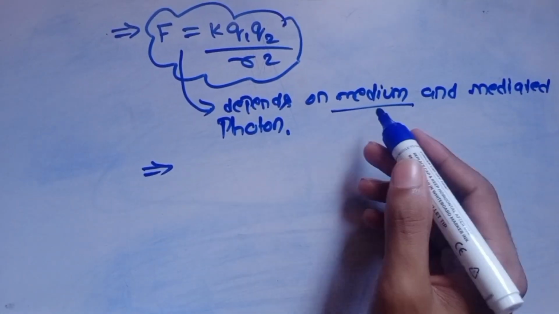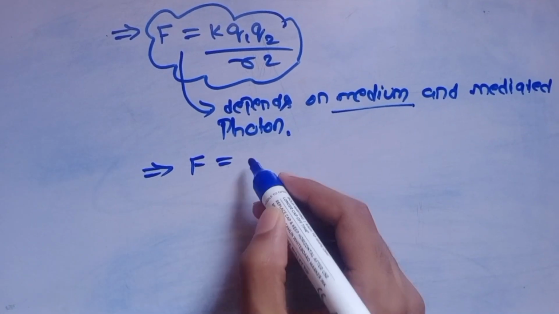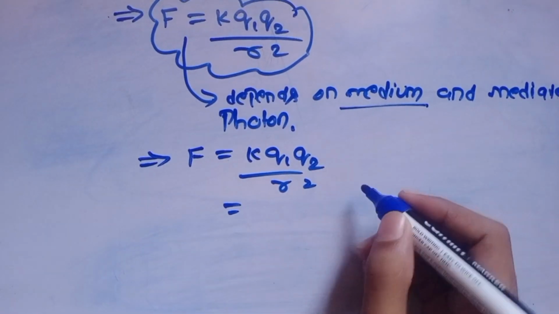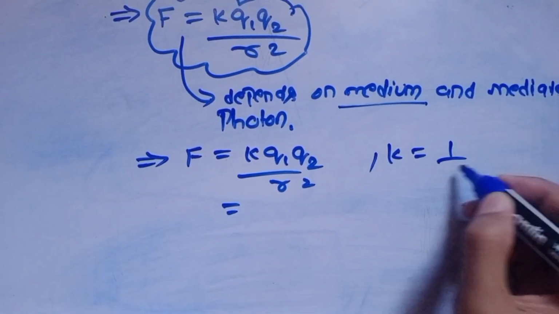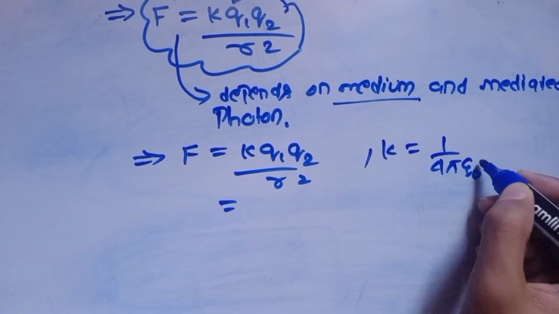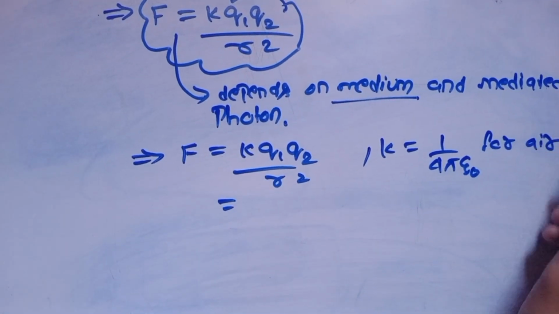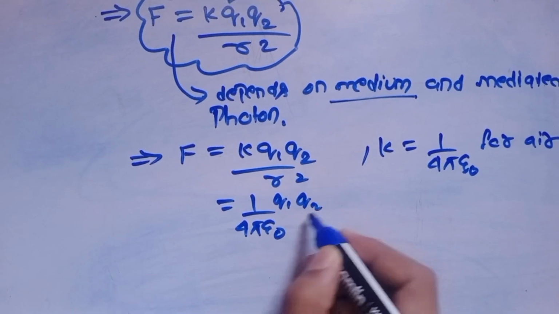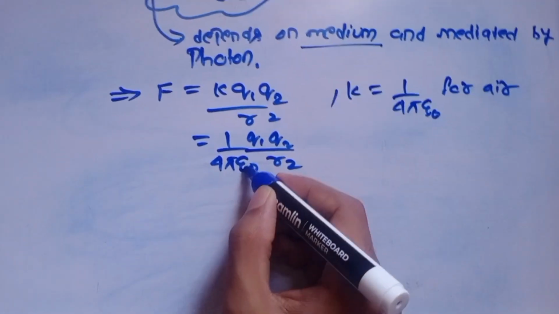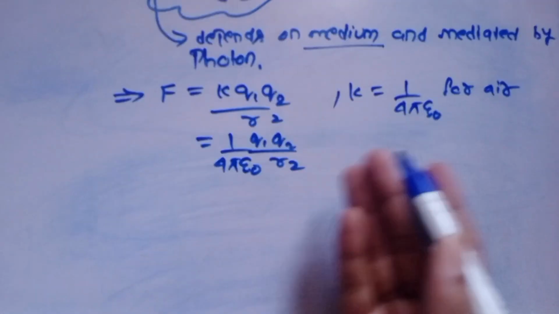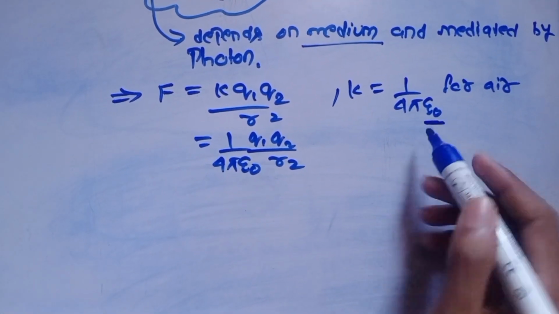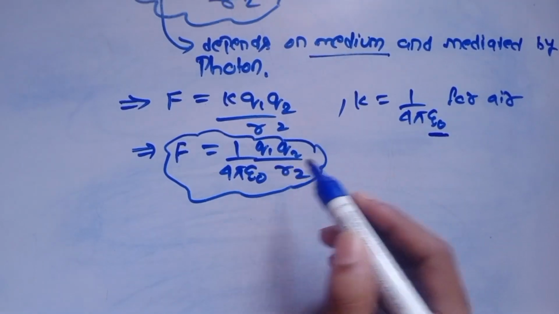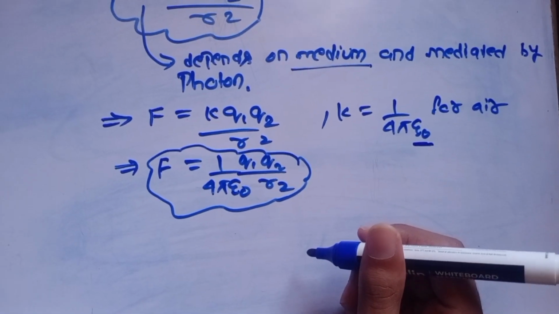We can put F equal to K Q1 Q2 divided by R square, as K equals 1 by 4 pi epsilon naught for air, so 1 by 4 pi epsilon naught Q1 Q2 divided by R square. By this, we can prove that it depends on the medium. This formula is valid to calculate the force between two charges in air.